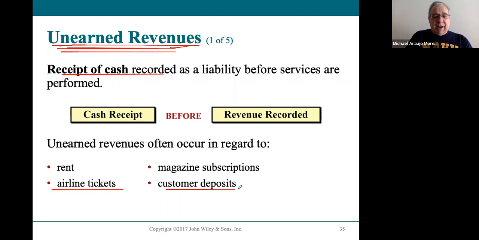Same thing with any deposit a customer makes. You might have purchased tickets to a sporting event or a concert. You might have put money down on a cruise or a Disney vacation. Those deposits are unearned revenue for those businesses.